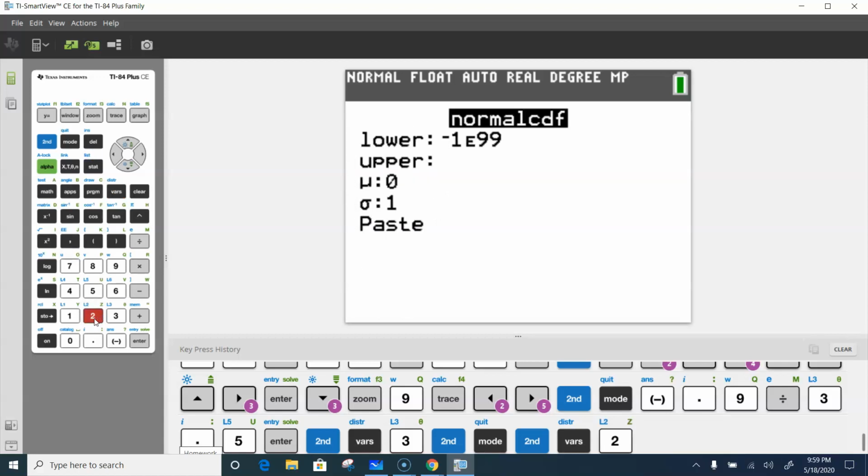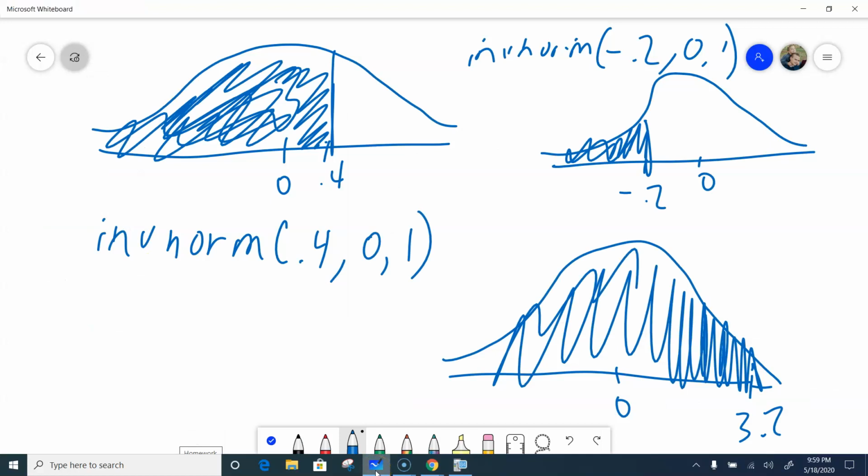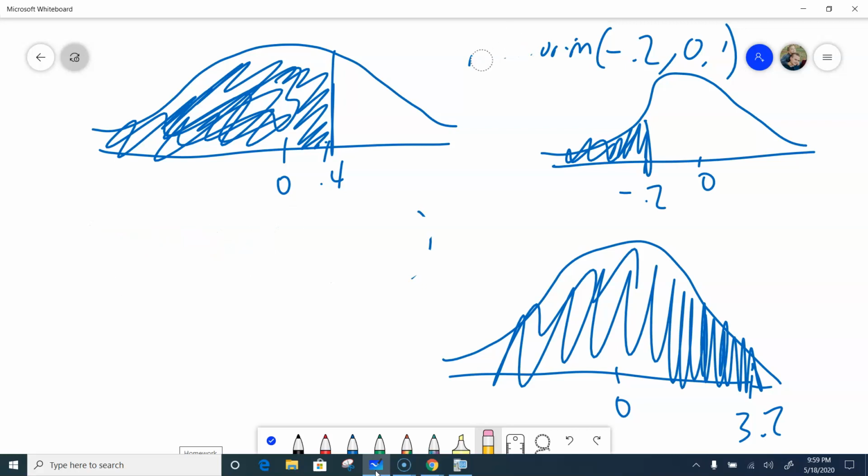So for the first one here, we'll use normal CDF. We have the values. So I have my lower limit, which is negative infinity, and the upper limit is 0.4.